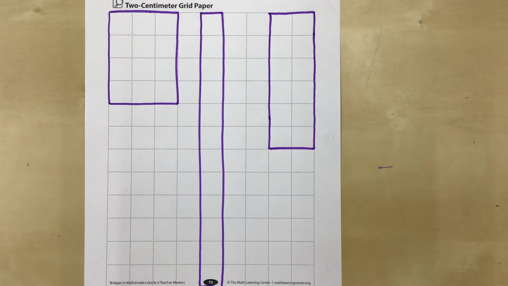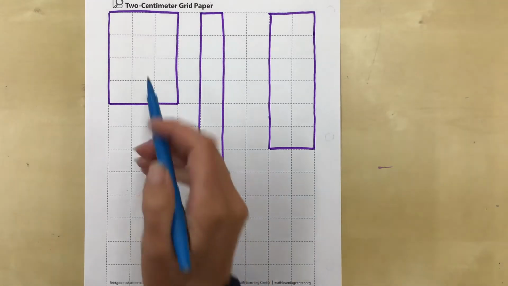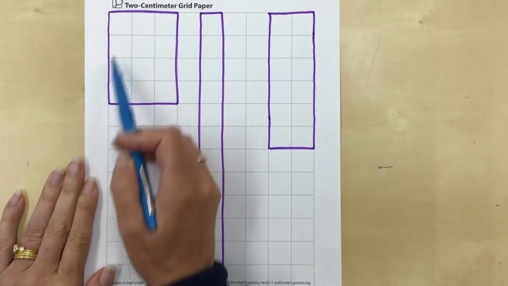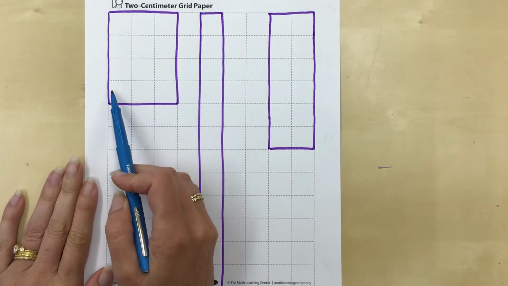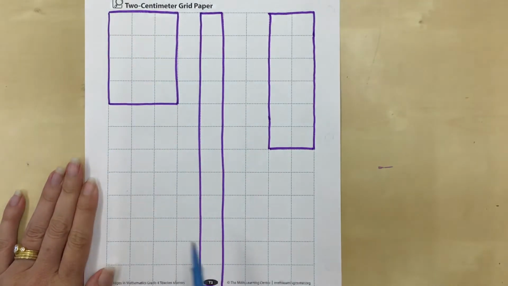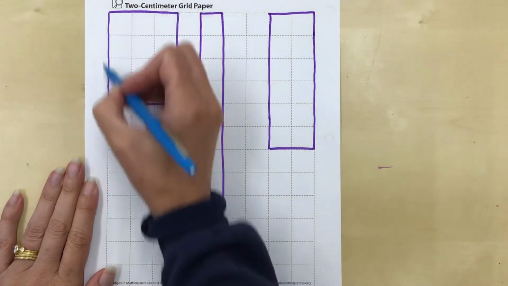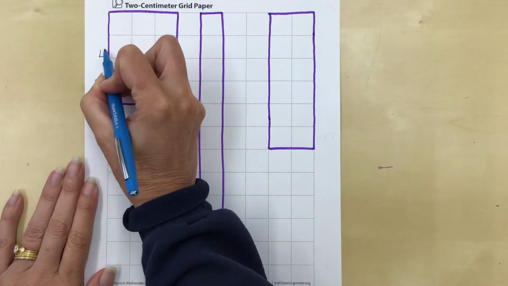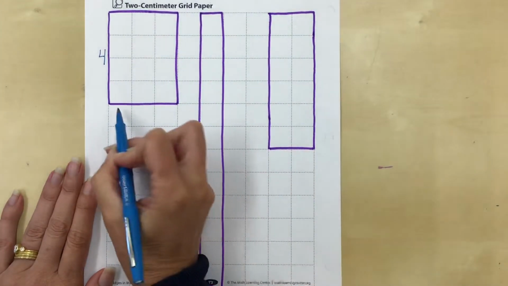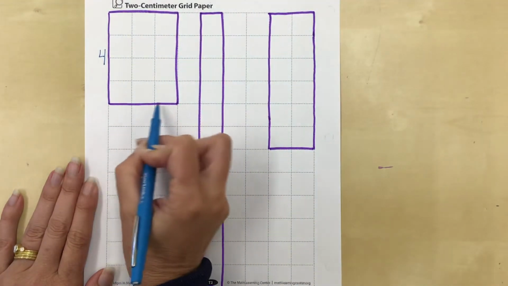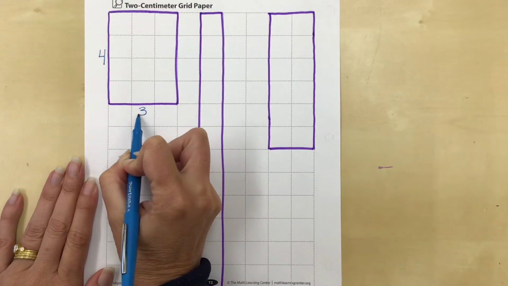Here I have some arrays. So this array here is a 4 by 3 array. The dimension of the length is 4, and then the dimension of the width is 3.